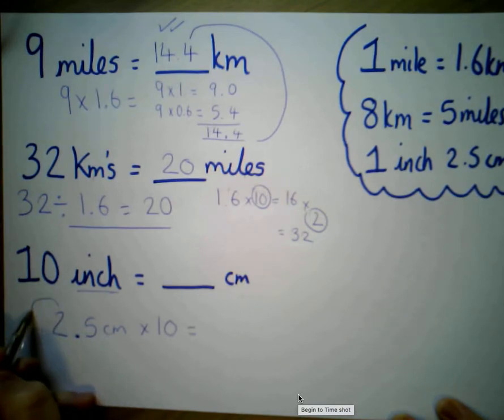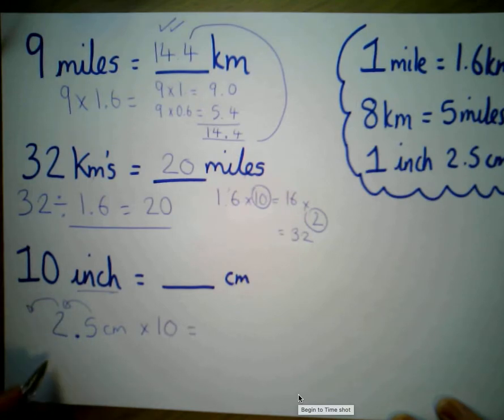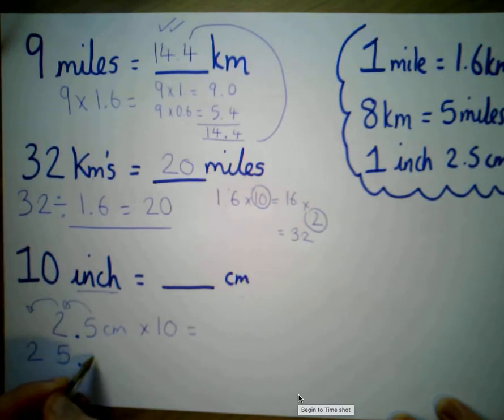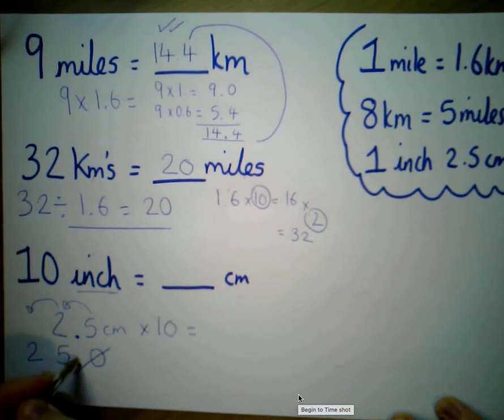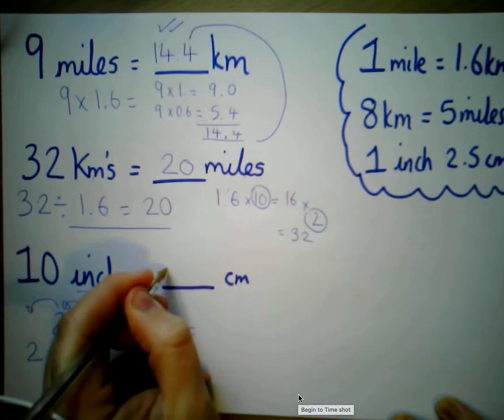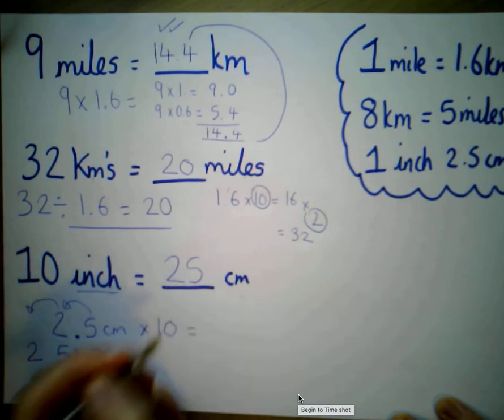So everything's going to move one place to the left because we're timesing by 10. The 2 is going to jump from the units column to the tens column, and the 5 is going to jump over our decimal point and sit in the units column. And if you want to put a placeholder, you can, or you can simply get rid of the 0 and the decimal, giving us the answer of 25.